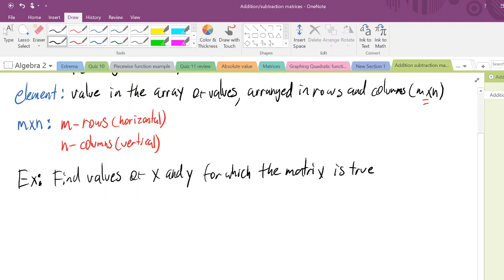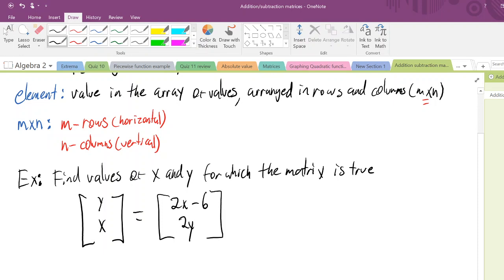I have these square brackets with y and x, equals another matrix with 2x minus 6 and 2y.